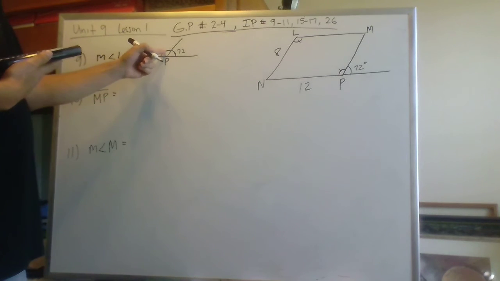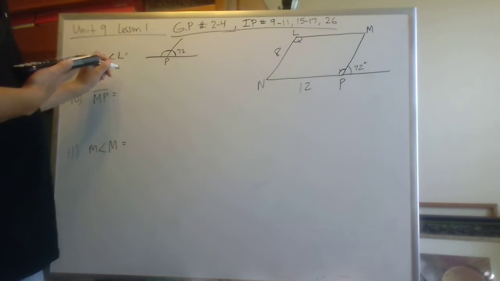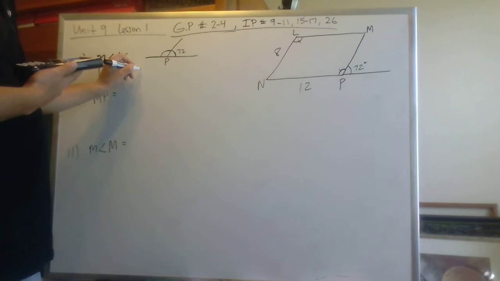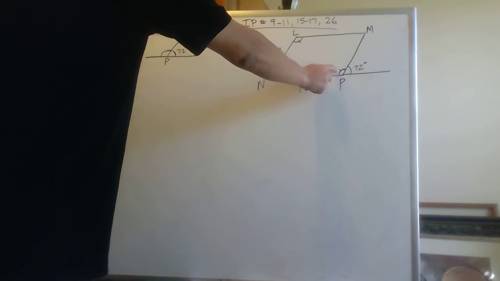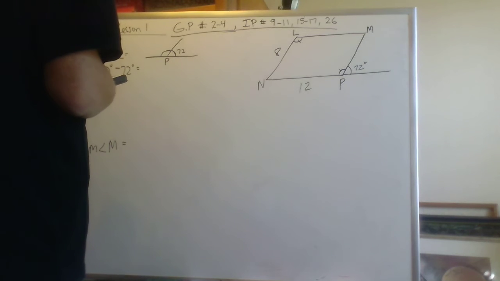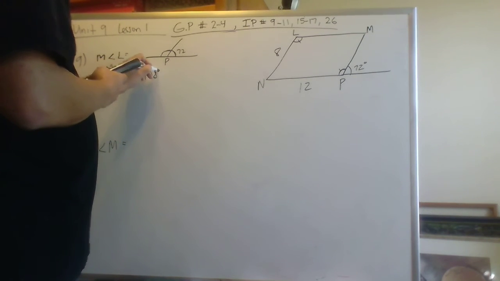So in order to find the interior angle of P, we're going to take 180 degrees and subtract 72. And that's going to give us the solution for the interior angle of P. And that is 108 degrees.